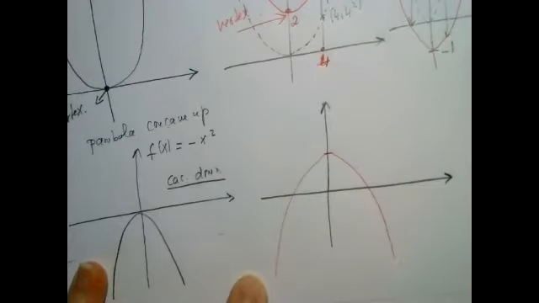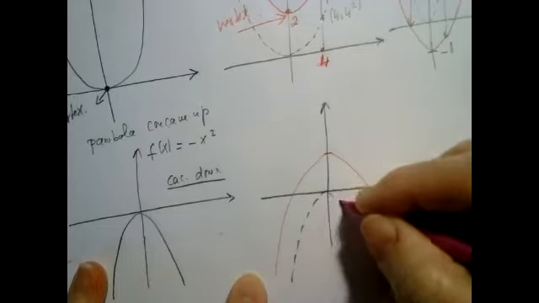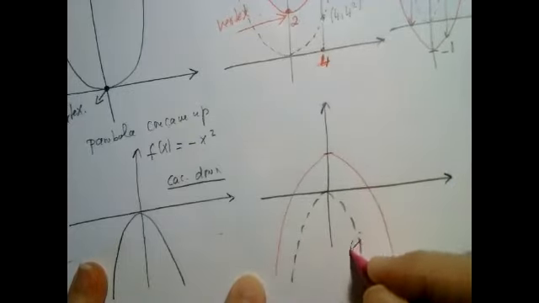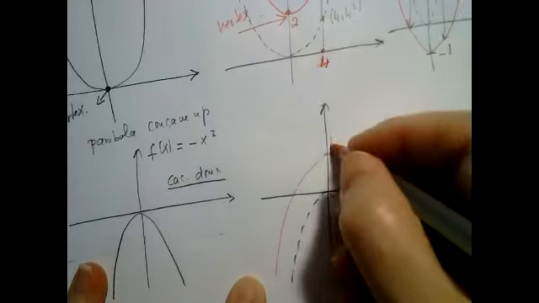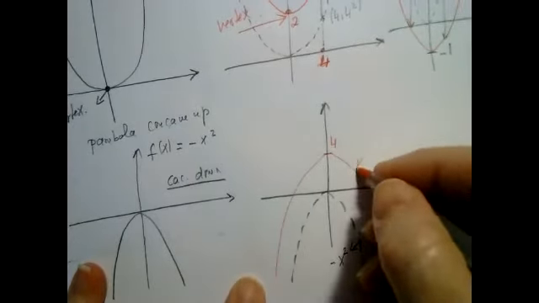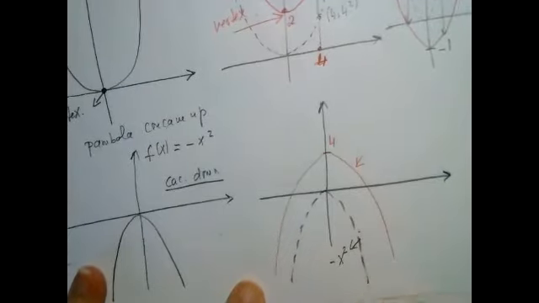The dotted one is the graph of minus x squared. And now let me call this 4. What's going to be the formula that gives me the red graph?